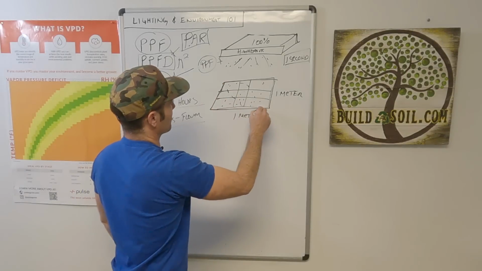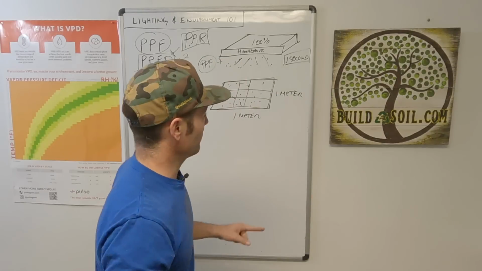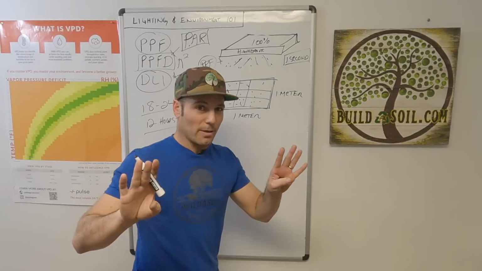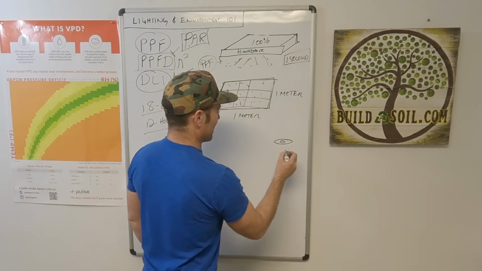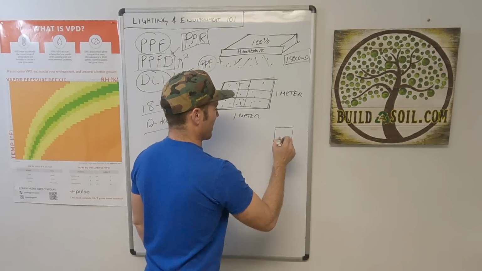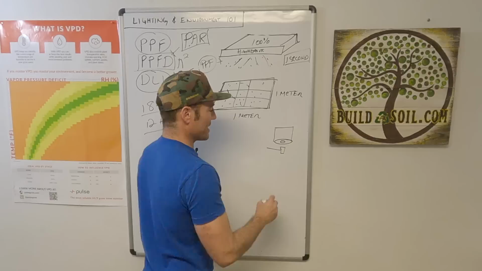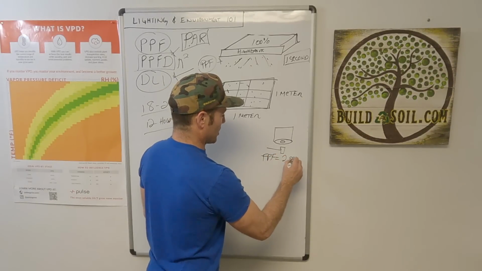The density is how many of them, not just how much the light puts off, but how many of them hit in this area. And why that's important is if you go to a light manufacturer, and some of these lights were popular for a while, I know they have spread on the lens, there's all these different things, but you literally get like one LED like this, right? Huge cannon on it. And they would put their PAR meter right here, and they would say PPF equals 2000 or something just insane.